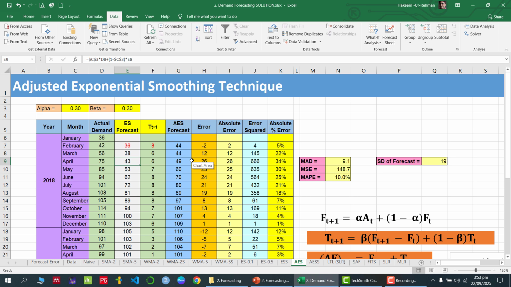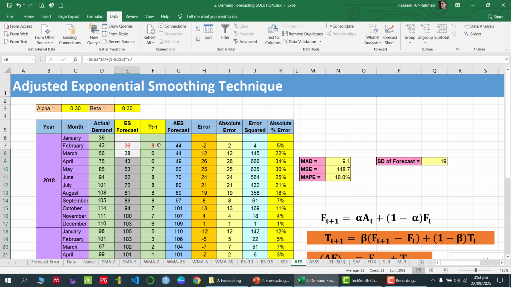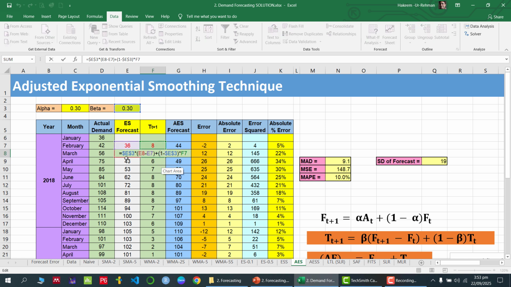So we get 38. Once we have applied this formula, we can drag it down up to one period ahead. Then we apply the trend component formula. What was the trend component? Equal to beta multiplied by the current period forecast, which is E8, that is basically 38.